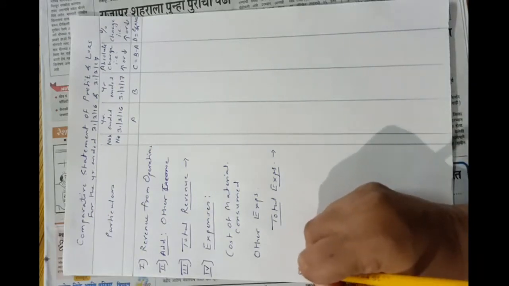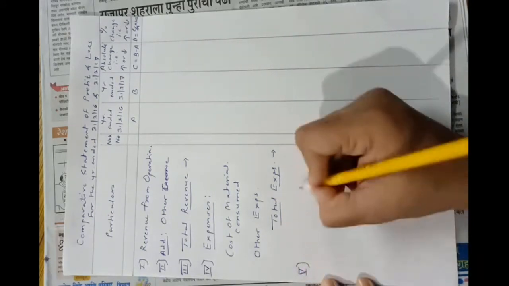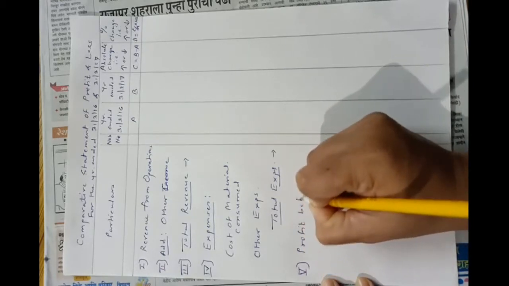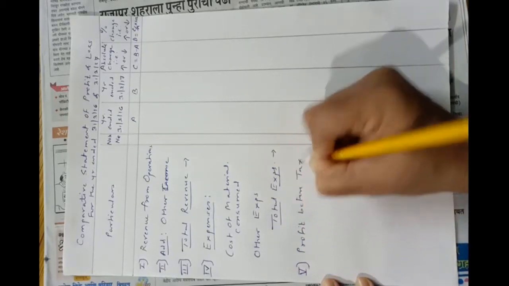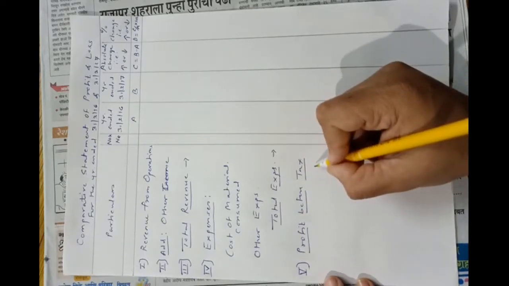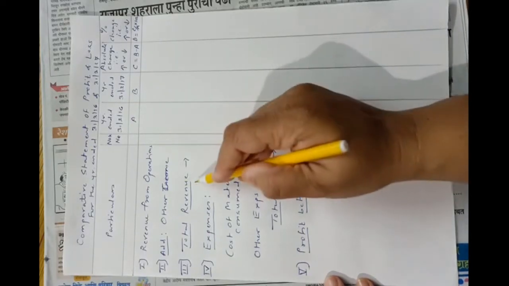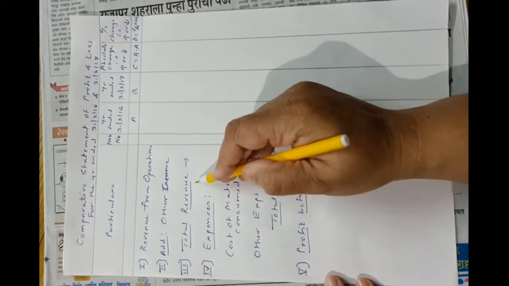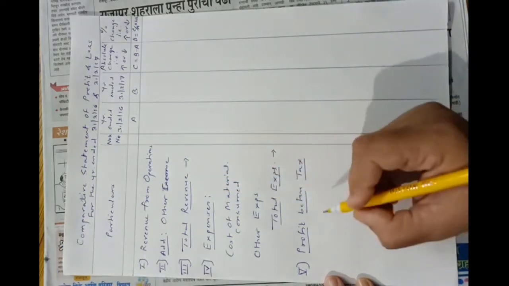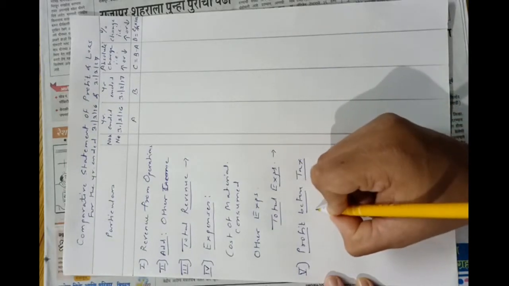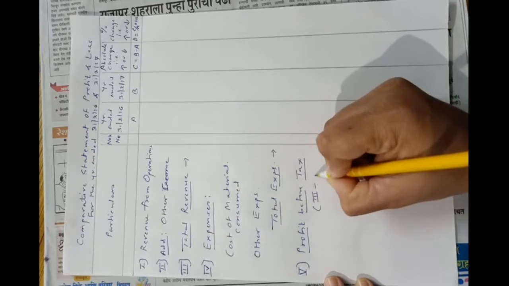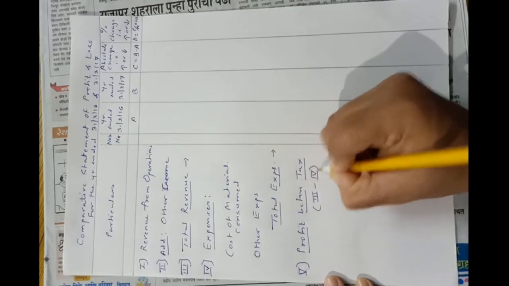And now the last, that is profit before tax. To calculate profit before tax, we have to deduct total expenses from total revenue. Okay, means total revenue minus expenses will be profit before tax. I can write here third point minus answer of fourth point, that is total expenses.